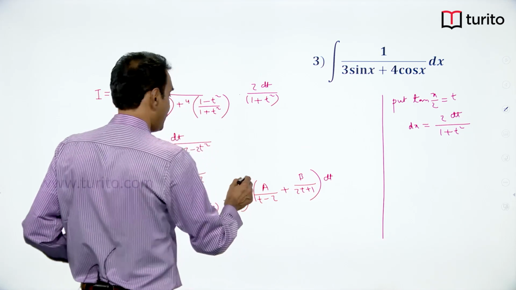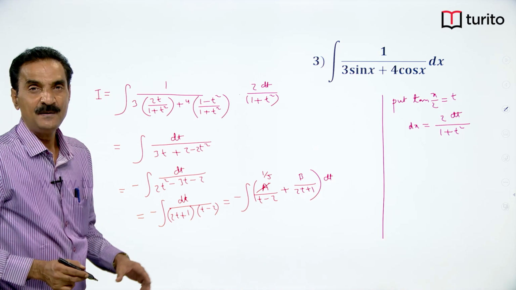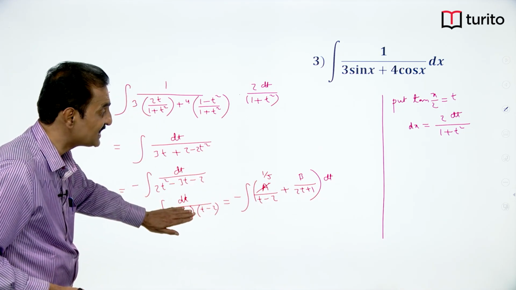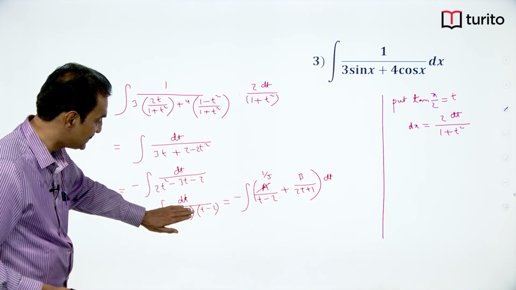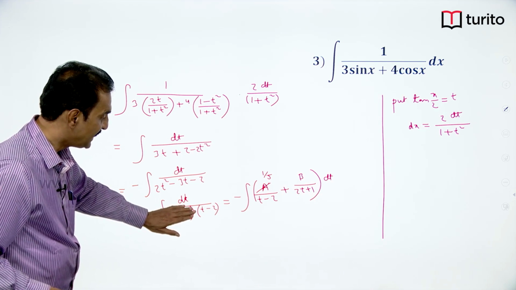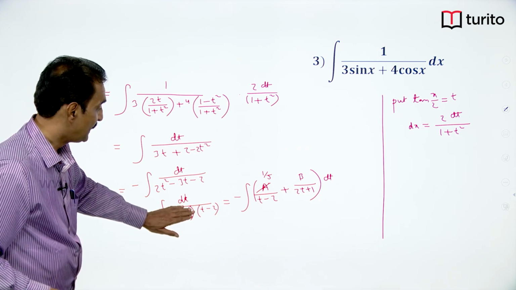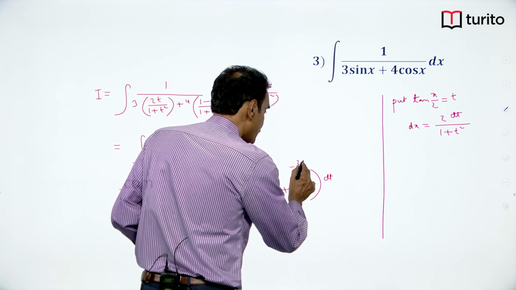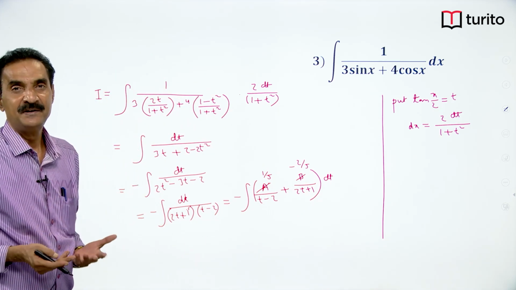So, a is 1 by 5. How to get b? You close this factor here and put t is equal to minus 1 by 2. If this is 0, t is equal to minus 1 by 2. No? So, close this and put t is equal to minus 1 by 2. Then 1 by minus 1 by 2 minus 2 is 1 by minus 5 by 2, that is minus 2 by 5. So, b is minus 2 by 5. Then write the integral directly.